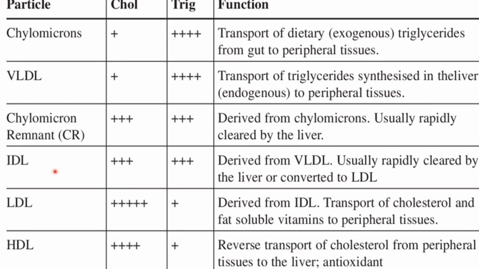And then we have IDL, intermediate density lipoproteins. Here we can see now the cholesterol content is gradually increasing, and IDL also has a TAG component. And then we have the LDL. LDL mainly is responsible for the transportation of cholesterol, because when the VLDL started its journey from the liver and is going to the peripheral tissues, the TAG was hydrolyzed by this lipoprotein lipase.